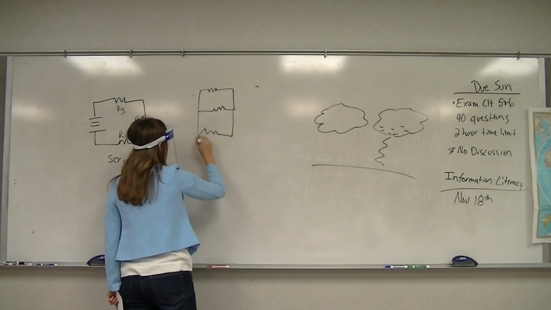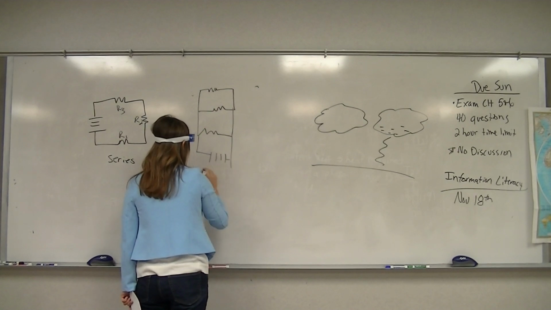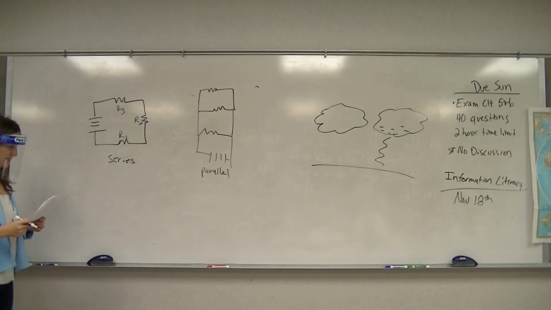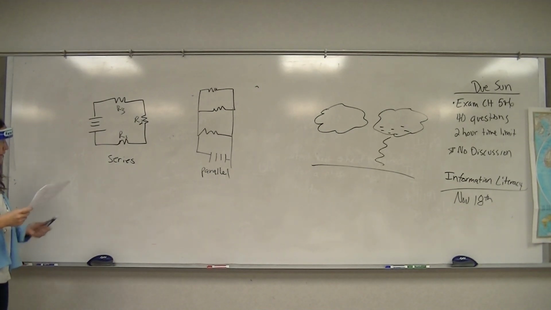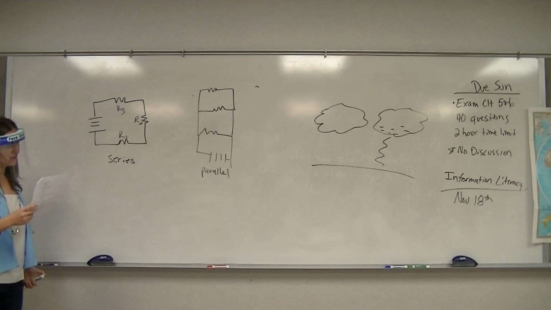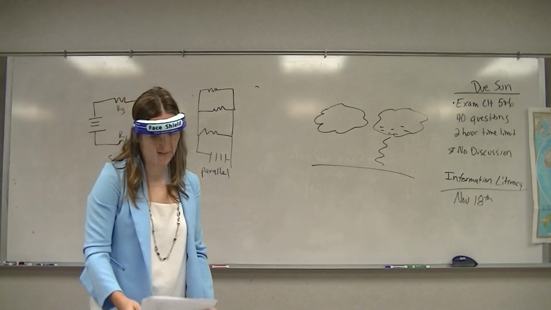Oops, that was a bad picture, but parallel. So the question is asking, these are the only 2 we talked about. If there are different paths for the electric current to take, what type of circuit are we talking about?